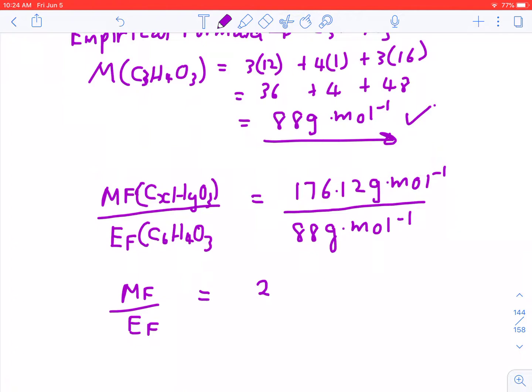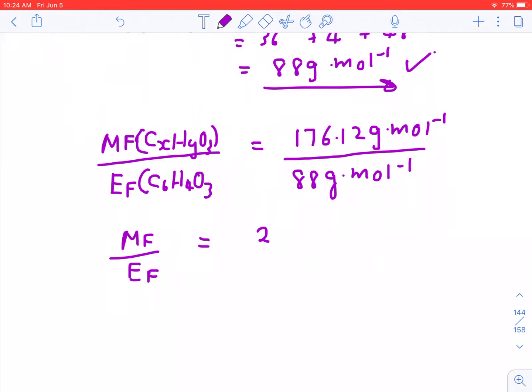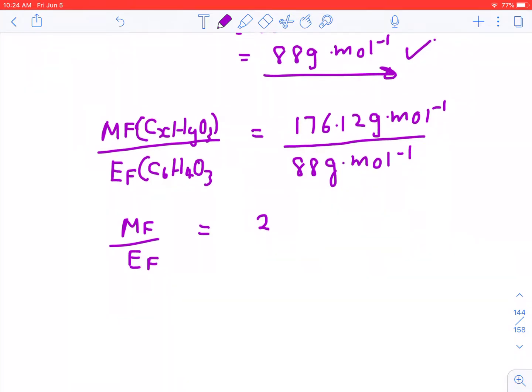So the molecular formula is equal to 2 times the empirical formula.